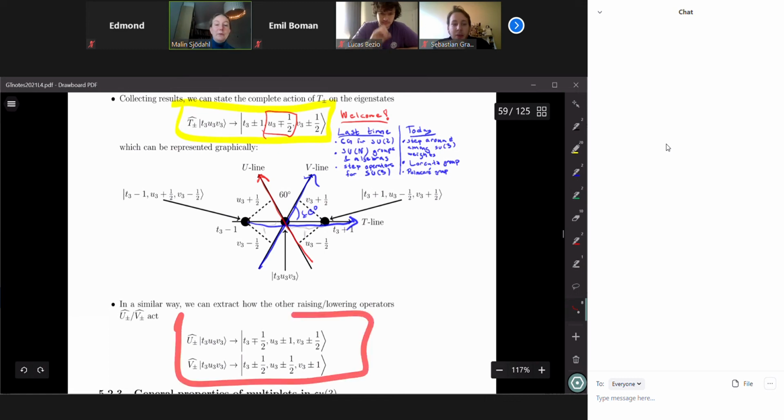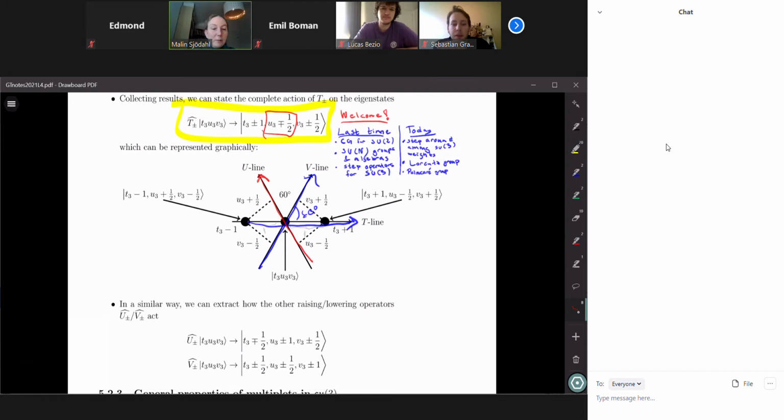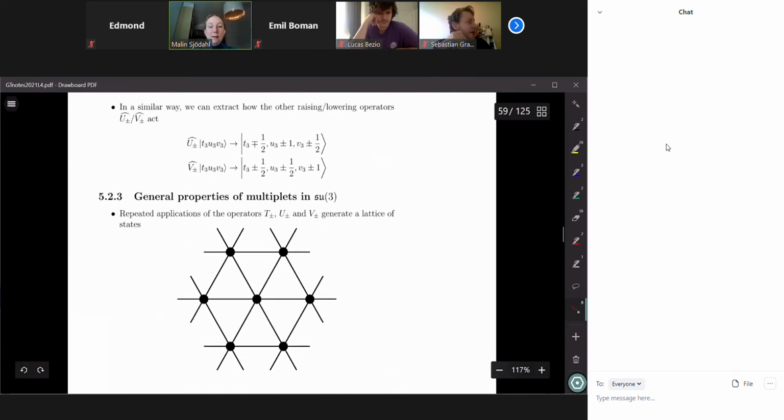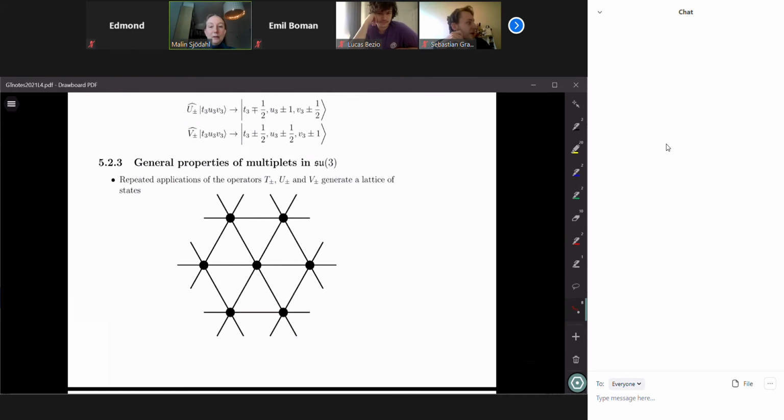And those results say what's happening when we step around in this weight space. Okay, so what we have done is that the states are organized in some hexagonal pattern like this. And acting with the step operators, we walk around here.